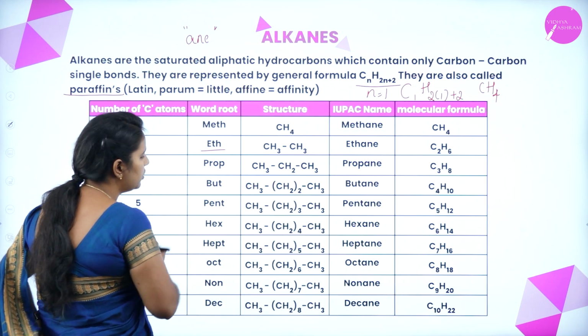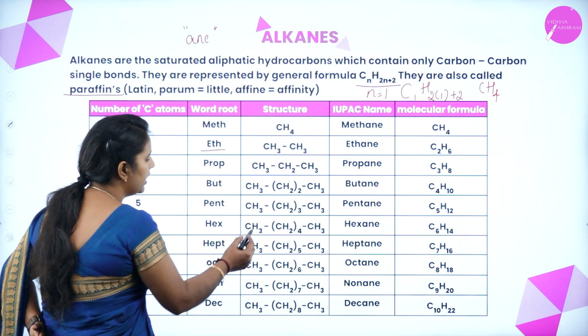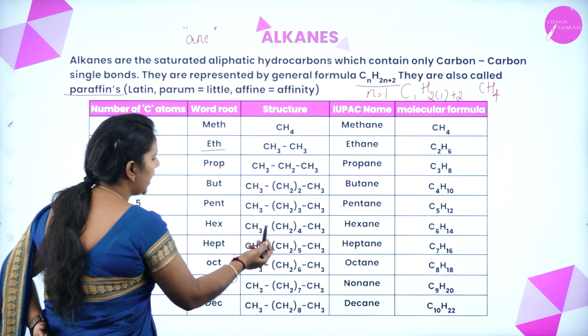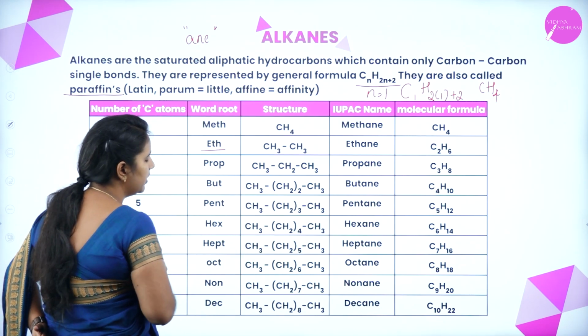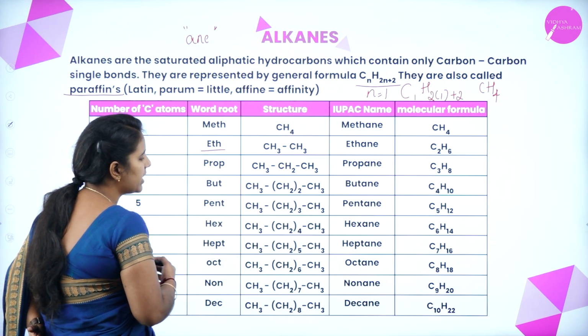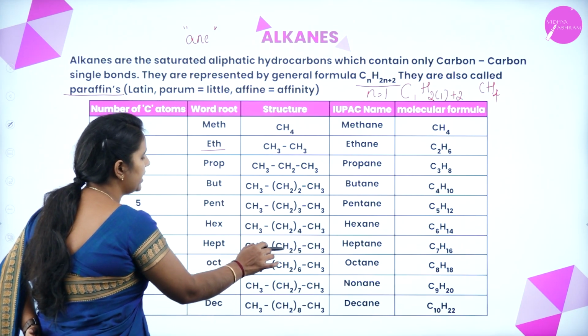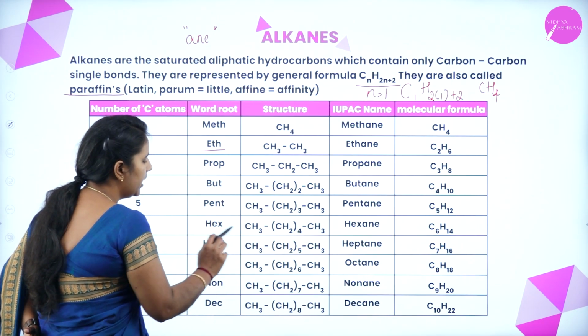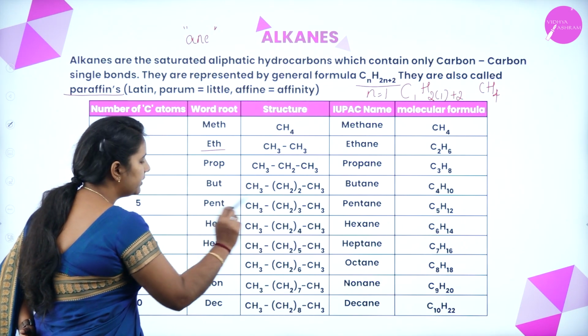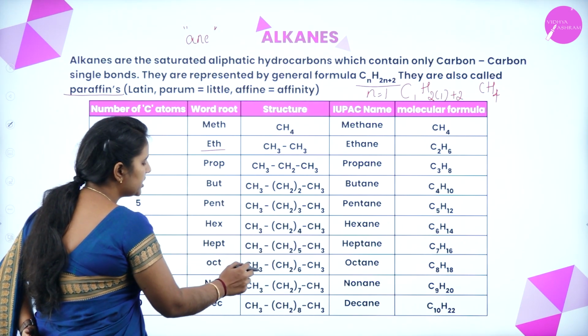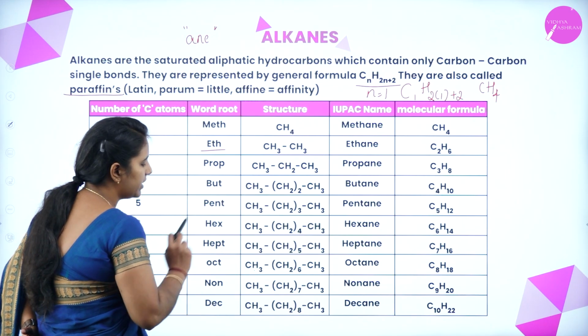Then if n is equal to 6, then we say it is hexane. The formula goes like this: CH3(CH2)4CH3. If n is equal to 7, then we say it is heptane, so the formula will be CH3(CH2)5CH3. If n is equal to 8, then we say it is octane, CH3(CH2)6CH3.